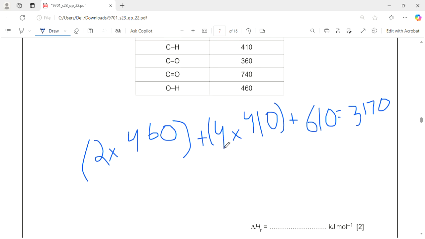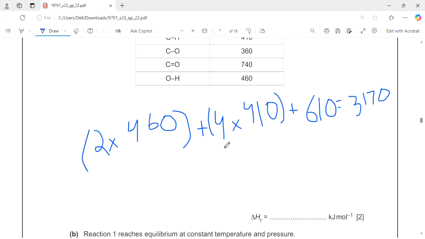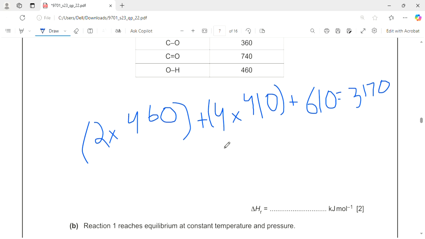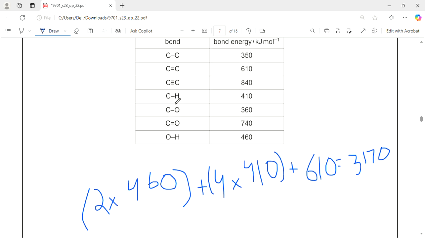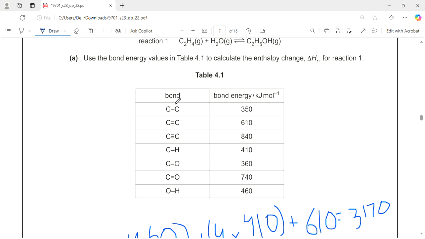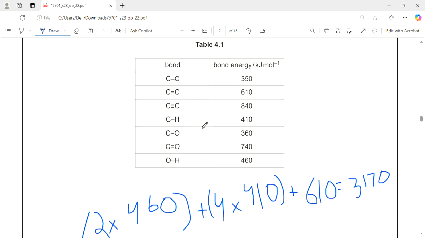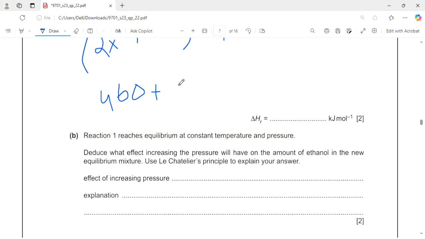We have 460, plus the value of one... 5 multiplied by 410, 5 multiplied by the CH bond, 410.